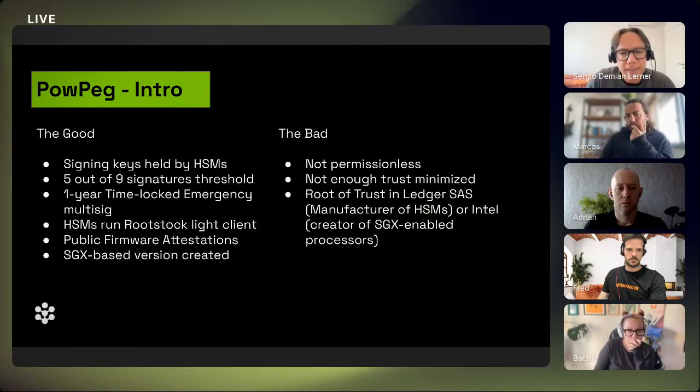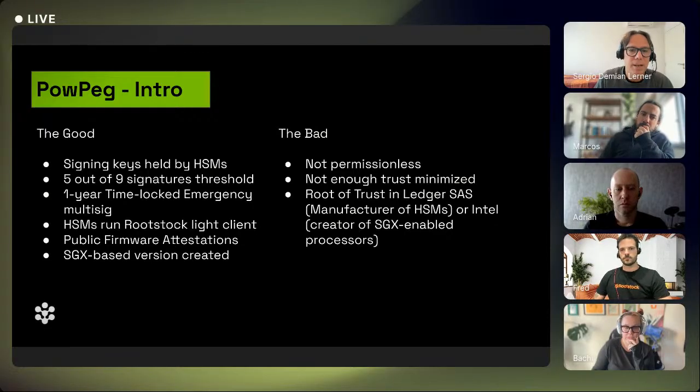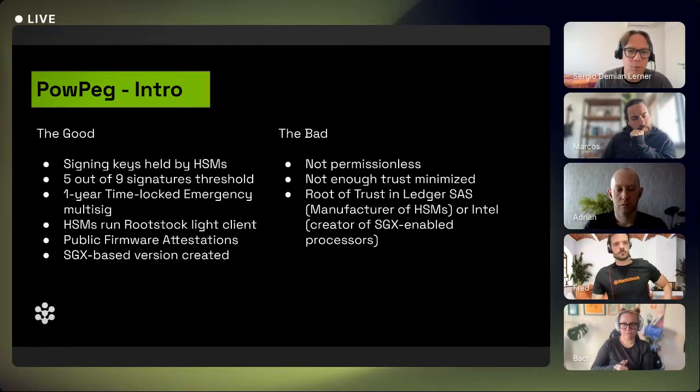The good thing about the PowPeg is that the keys are secure in HSMs. We have many participants, like nine pegnatories, and that's a lot of distributed security. Then we have the one-year time lock emergency multisig: if anything happens, the funds will be locked for a year.